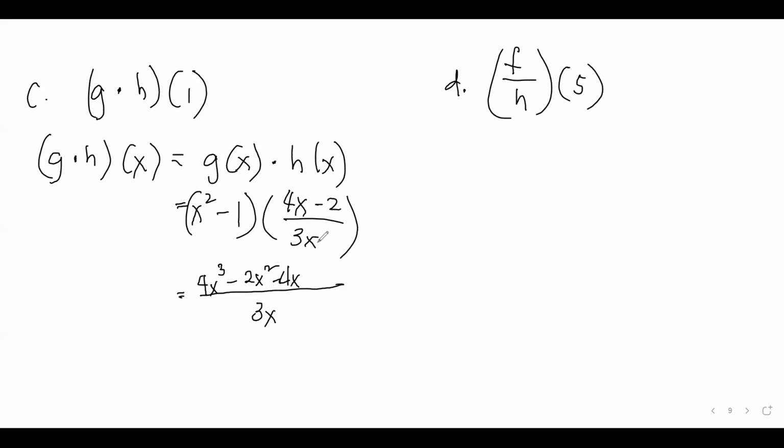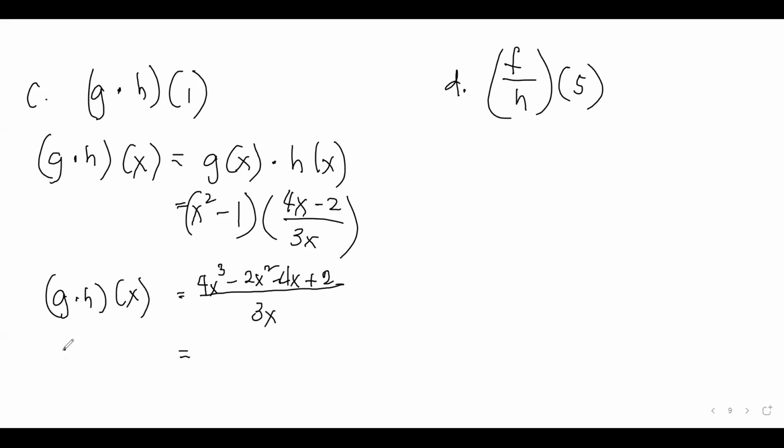And then negative 1 times negative 2, that would be positive 2, over 3x. Pwede ba siya i-simplify? No, hindi na siya pwede i-simplify. So, our g times h of x is 4x cubed minus 2x squared minus 4x plus 2 over 3x.